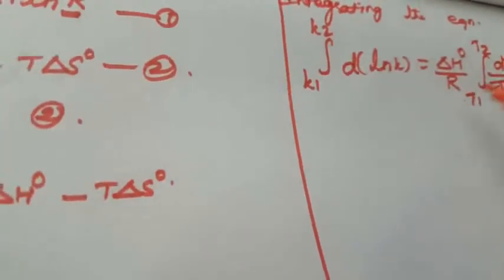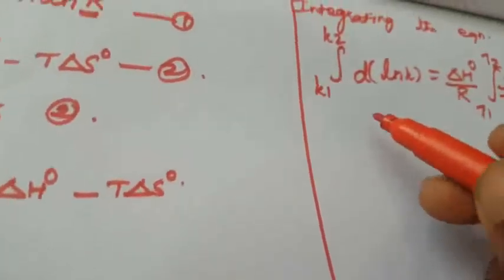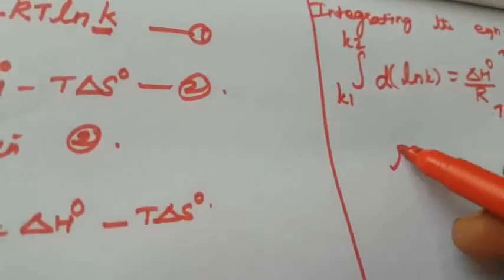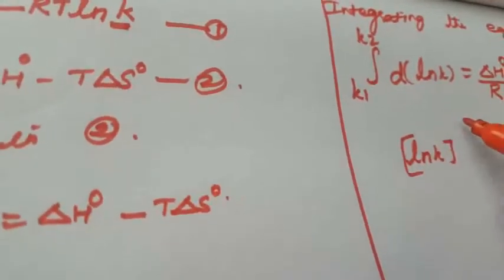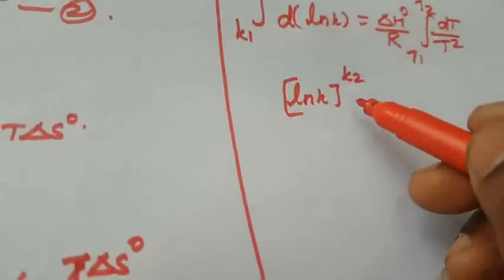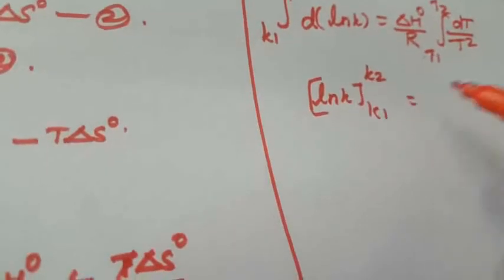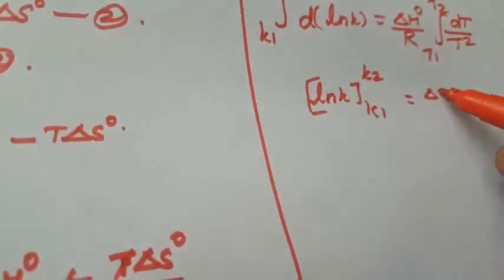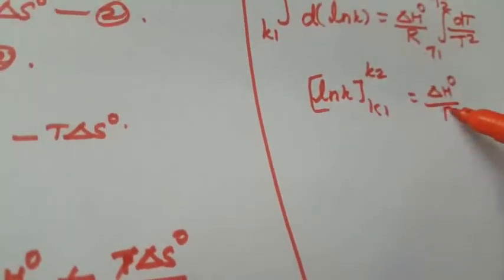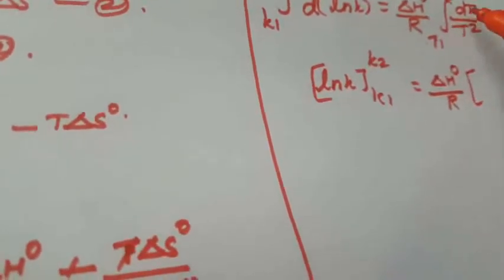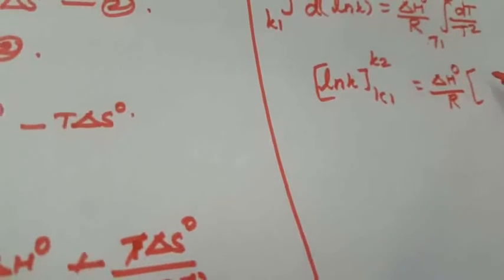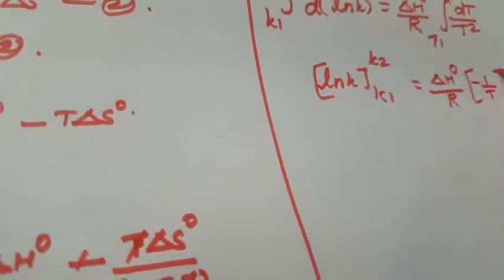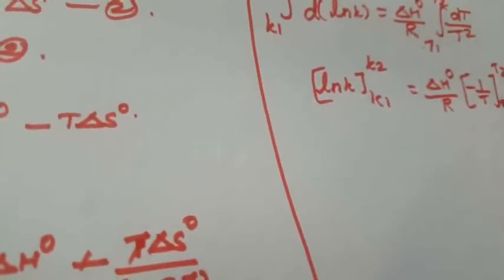The integral of d ln K is ln K in square brackets between K2 and K1, which equals delta H0 by R times minus 1 by T between T2 and T1.